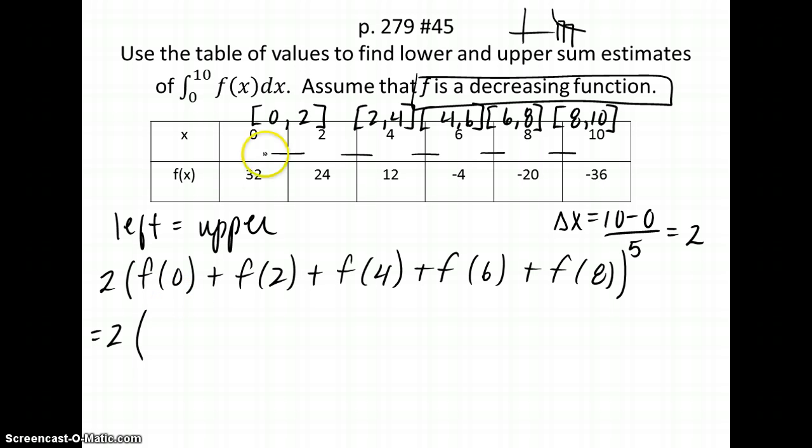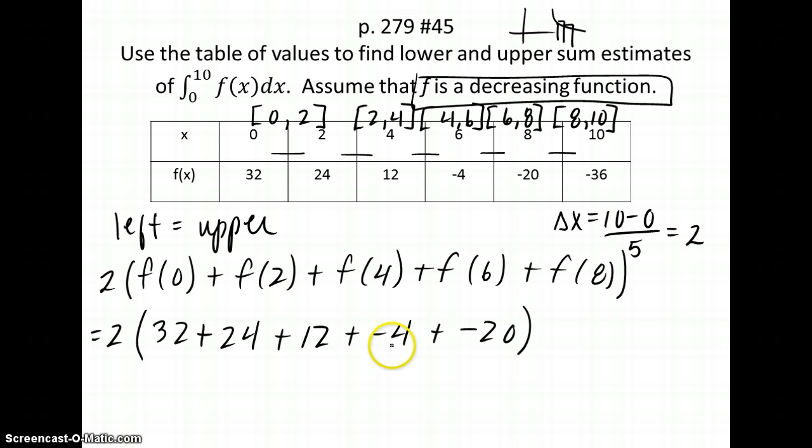We get them from the table. F of 0 is 32 plus 24 plus 12 plus negative 4 plus negative 20. Negative 24, they cancel each other out, and we have 2 times 44. So the upper sum will be 88 units.